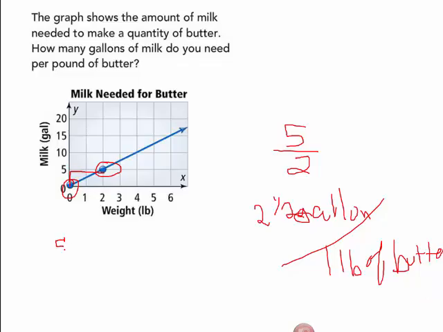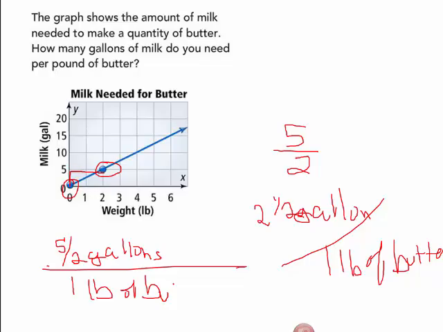So, and I could also do 5 over 2 gallons of milk for 1 pound of butter. Now this one I'd like for you to copy down in your notes.